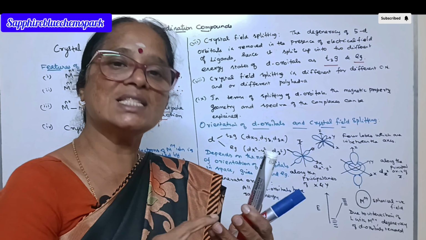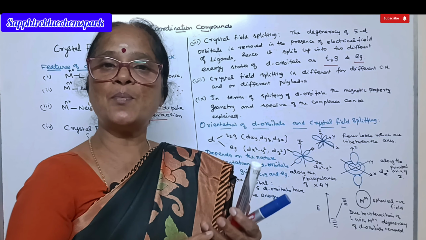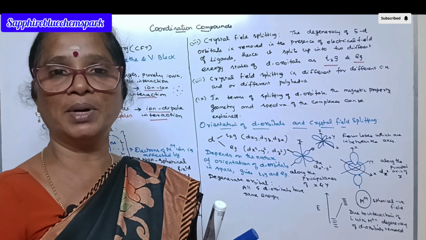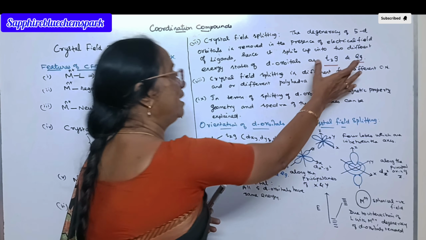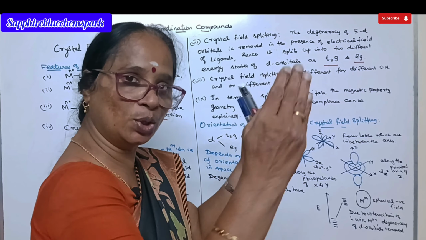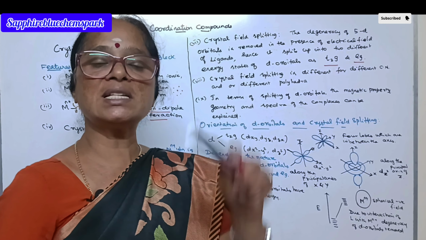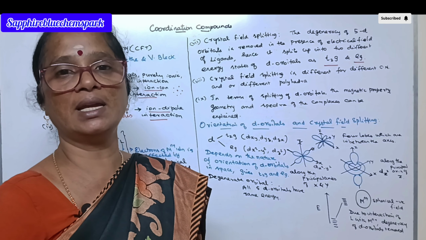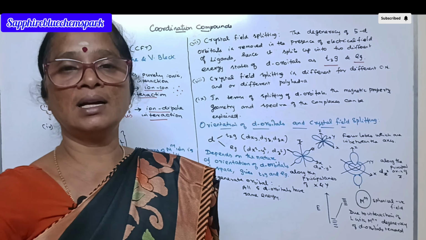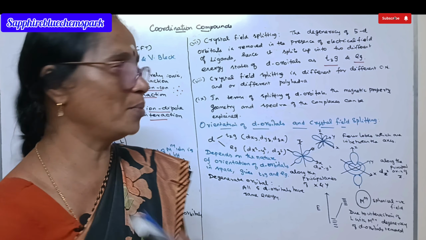These geometries just depend upon the coordination number. So this splitting of the d orbital into 2 states totally depends upon the coordination number of the central metal ion and the polyhedra of the geometry.